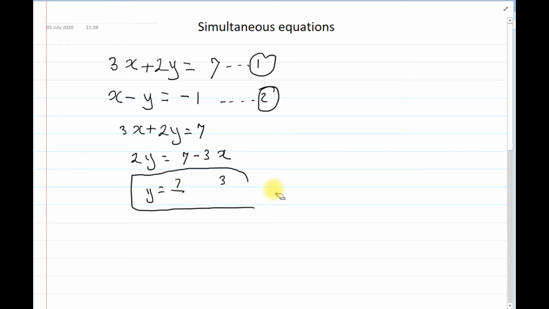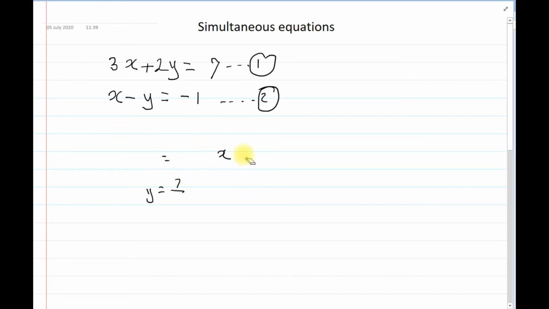So if I wipe this out, I can write x is equal to y minus 1. This is making x the subject of the formula. We could have easily made y equal to x plus 1.